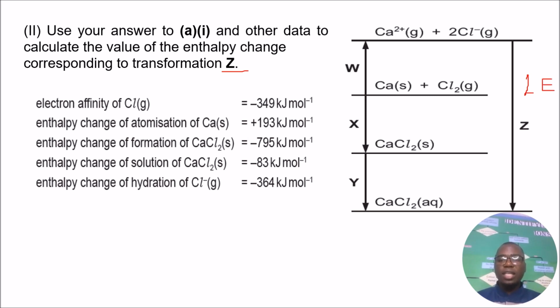So meaning you are supposed to write the overall equation, the one I said you should memorize and just substitute. So the enthalpy change of formation is equal to the enthalpy change of atomization plus enthalpy change of ionization plus dissociation energy plus electron affinity. All those, and then plus lattice energy, and then you substitute into that equation.